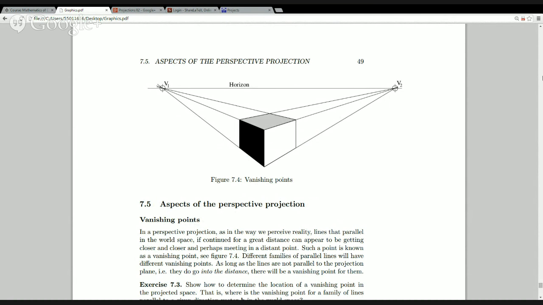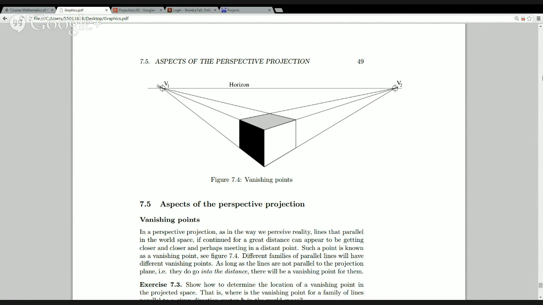So really, the position of the vanishing point is obtained when you take the limit as mu goes to infinity. Imagine the direction vector is pointing away from you. Then when you let mu go to infinity, that's going to give you the position of the vanishing point, where the points on the line are approaching as you go further and further out along the line.